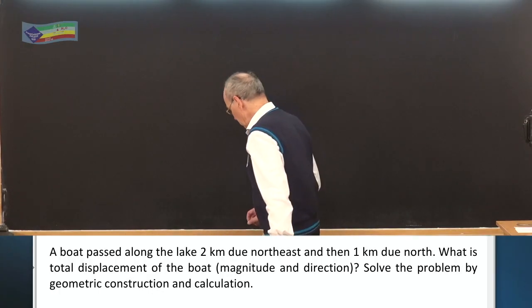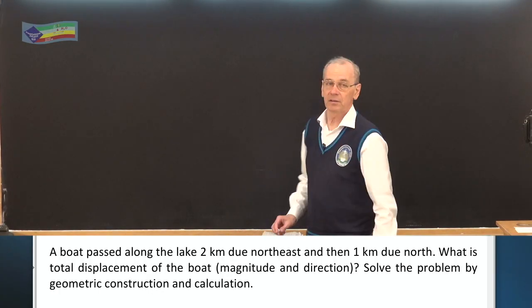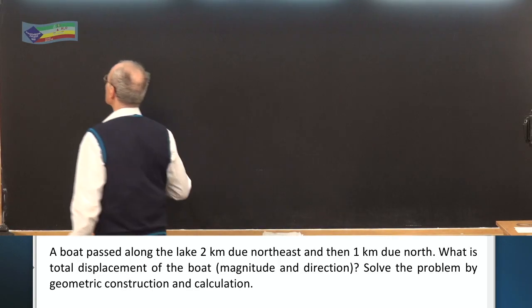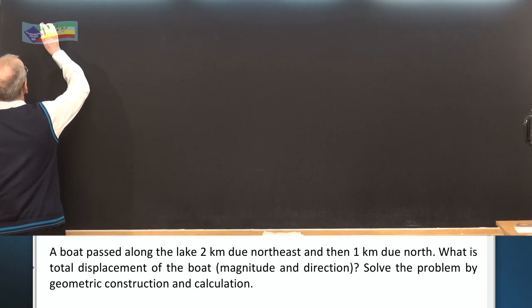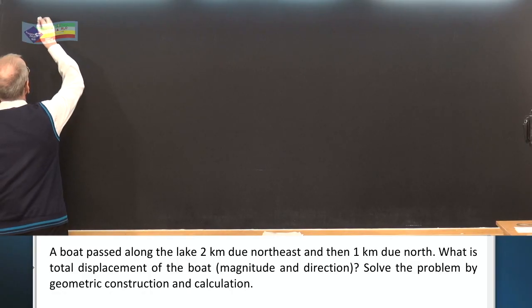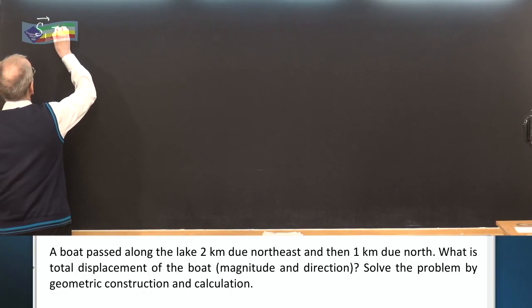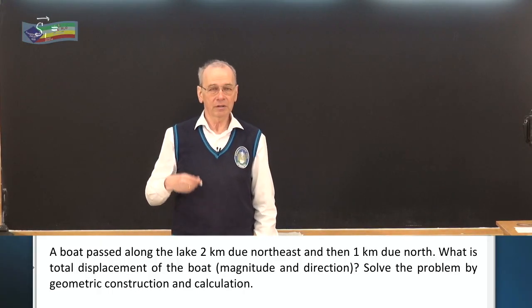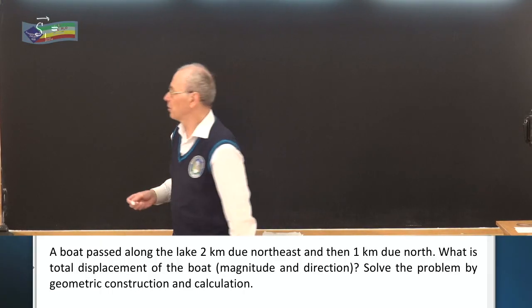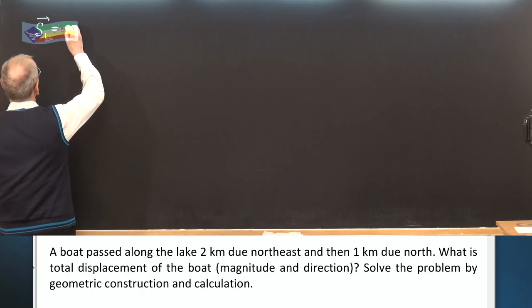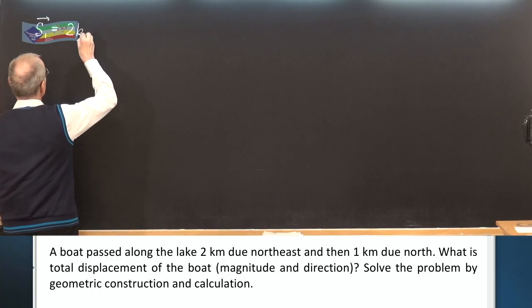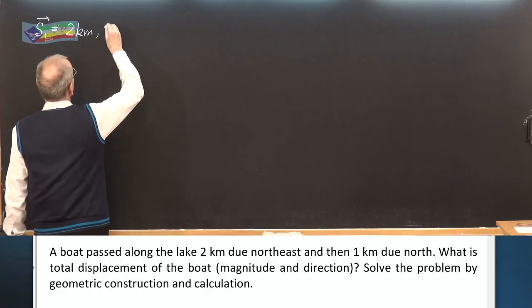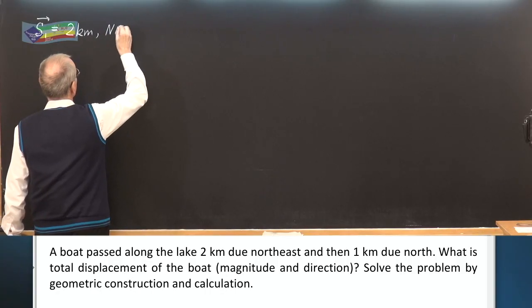First of all, let's write down the brief condition of the problem. Let S1 vector stand for the displacement of the boat during the first part of its journey: S1 equals 2 kilometers northeast.